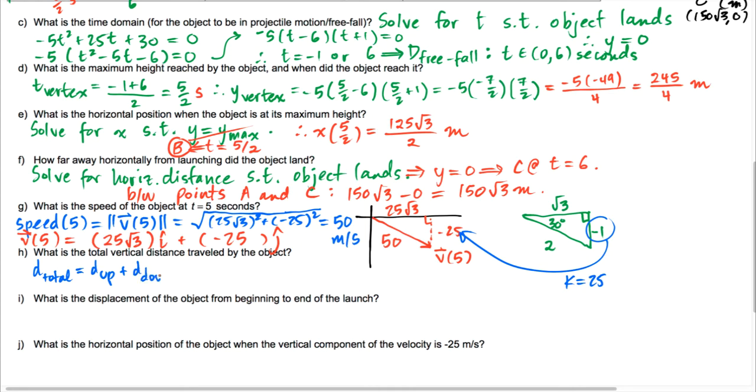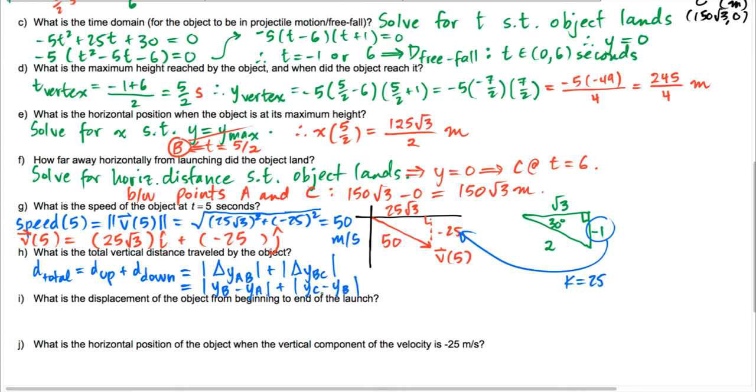And the distance up is actually going to be the absolute value of the displacement up added to the distance down, which is the absolute value of the displacement, delta y, from points B to C. And so from here, we can work out y final minus y initial plus y final minus y initial.